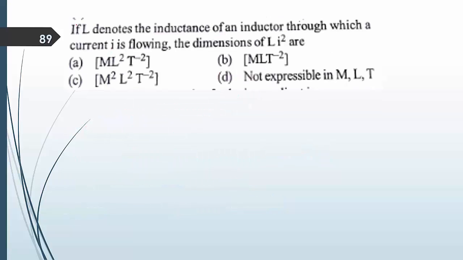Question number 89. If L denotes inductance of an inductor through which a current I is flowing, the dimension of Li square R. See here, you are going to study in the chapter electromagnetic induction about energy stored in an inductor.